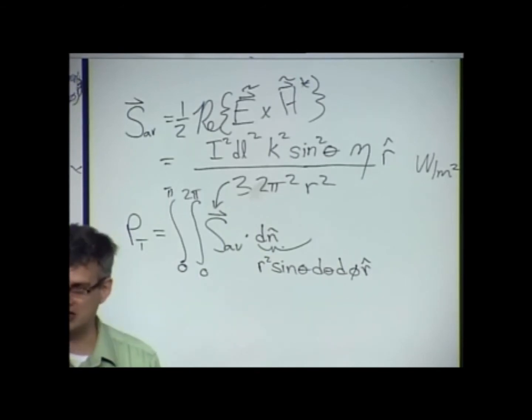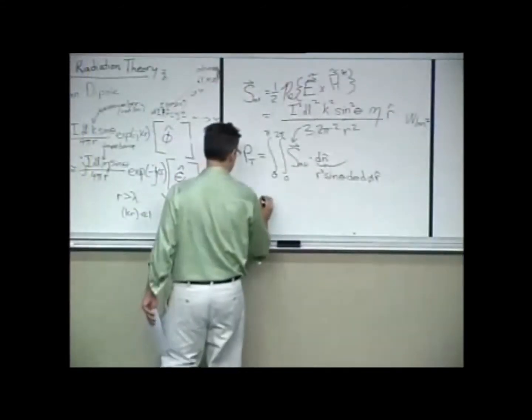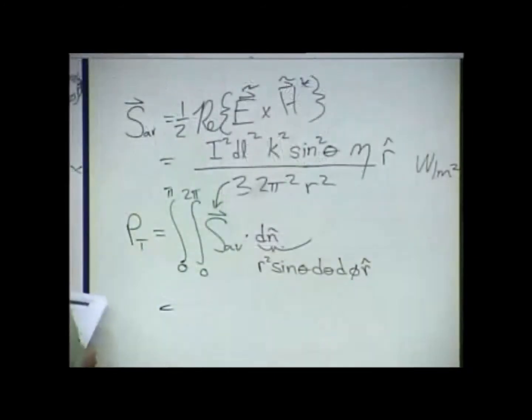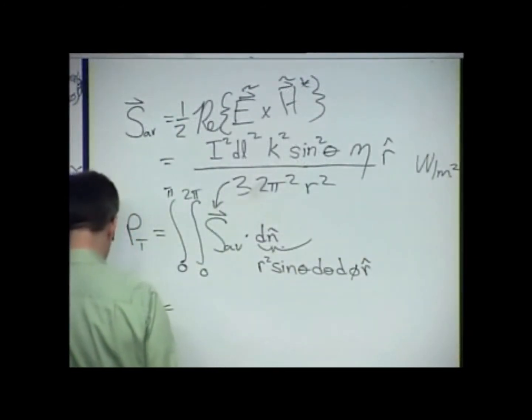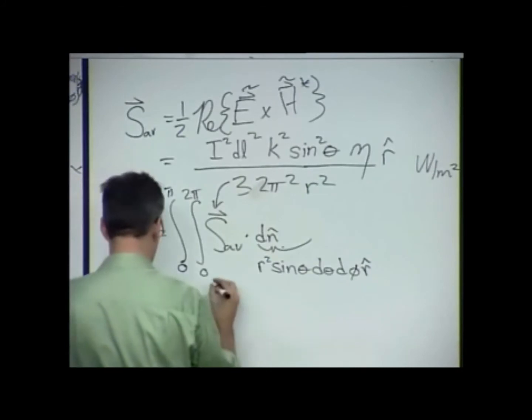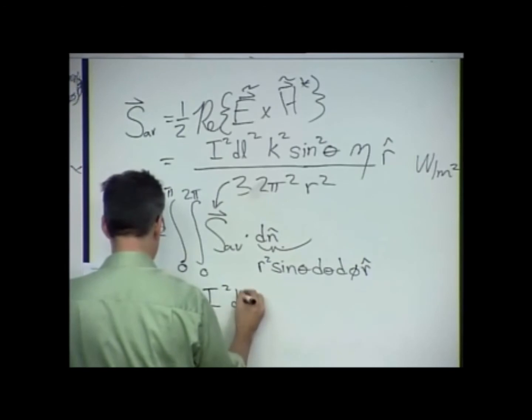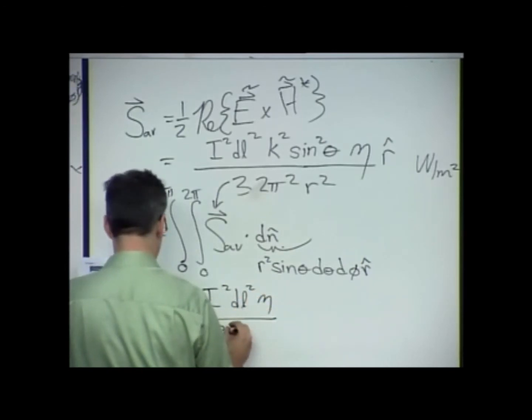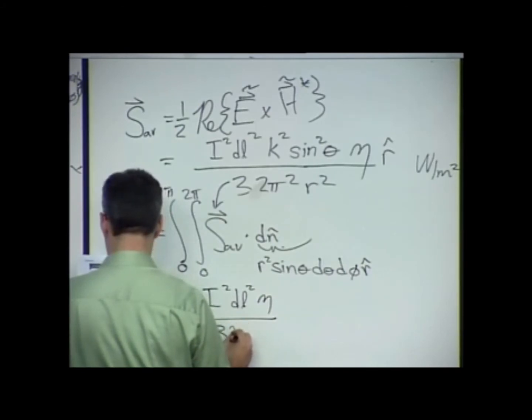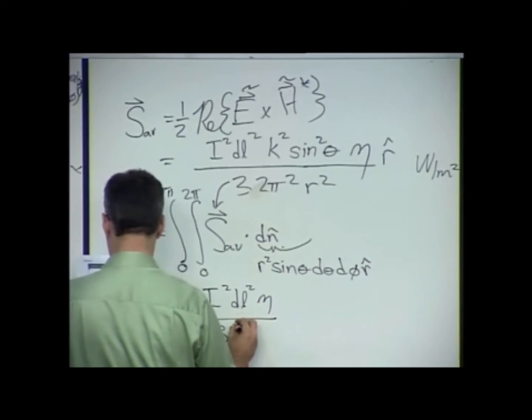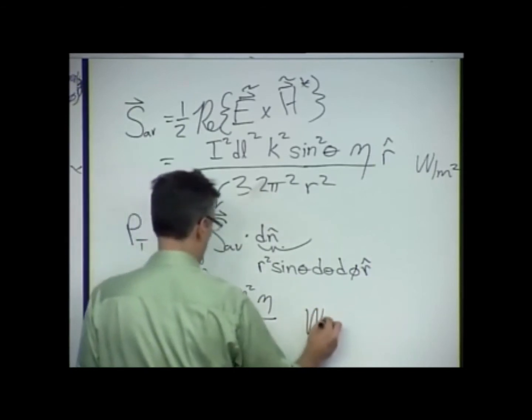Let me just write the answer without browbeating you with the mathematics. When I plug this in here, I get pi I squared dl squared eta over 3 lambda squared. And this should be power in watts.